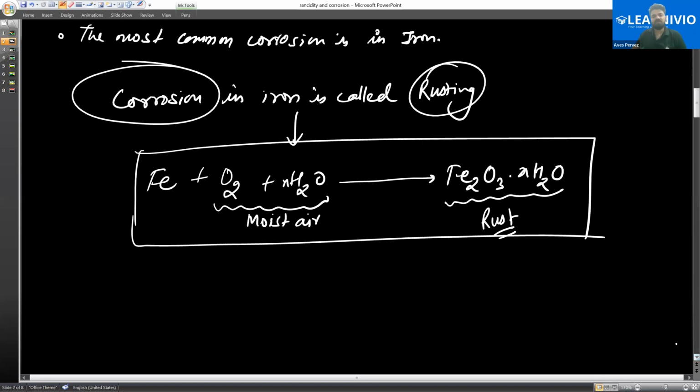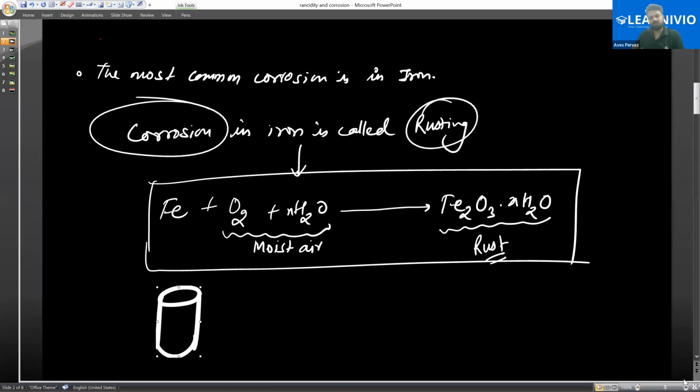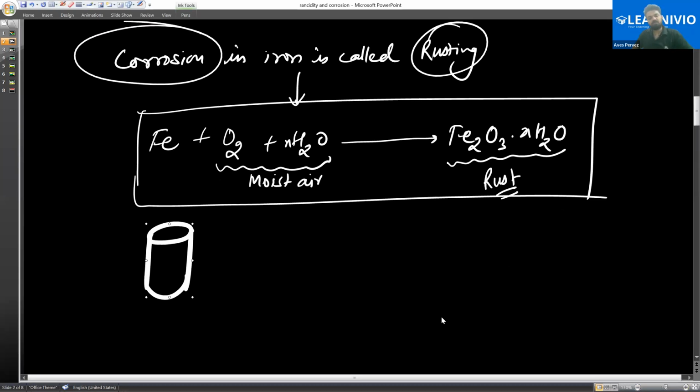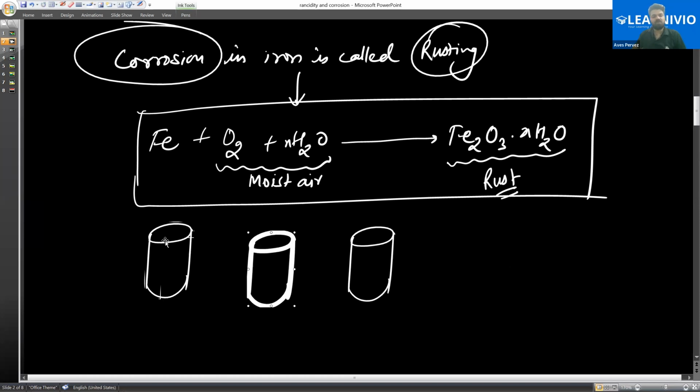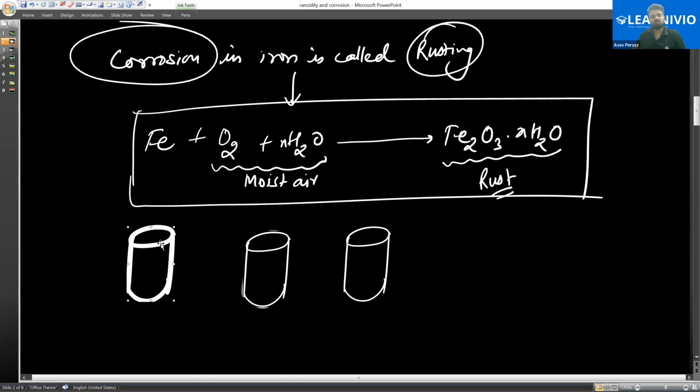So what are the conditions required? If you have three things, for example, test tube A, test tube B, and test tube C. One is filled with air.